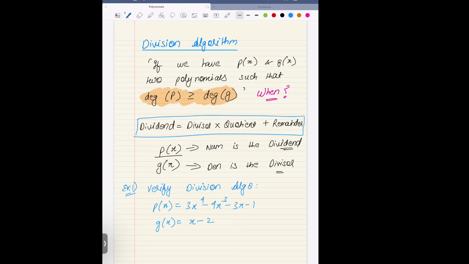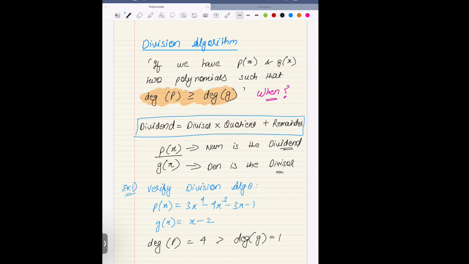Before you verify the division algorithm, you have to check whether the degree of p is greater than or equal to the degree of g. The degree of p is 4, which is greater than the degree of g, which is 1. Meaning, yes, you are free to go ahead and apply the division algorithm.